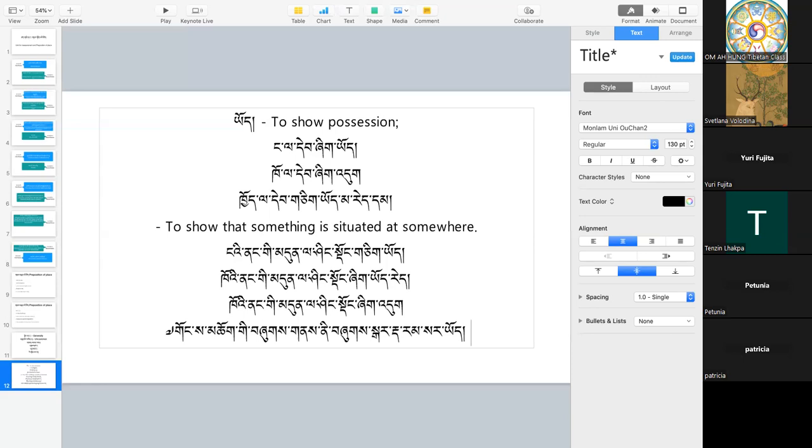So now memorization, and after that we'll have a question and answer session if you have any questions regarding today's lesson. If not, then we'll call it a day. The assignment for today is simple.